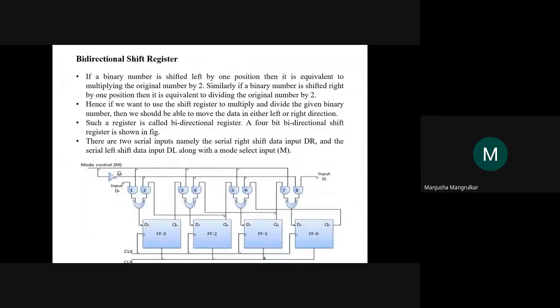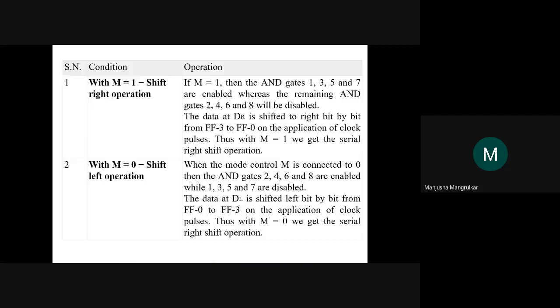Now see, M equal to 1 comes in directly as 1, so 1, 3, 5 and 7 are enabled, right? This means the data is shifted to the right bit by bit, from flip flop F3 to F0 on the application of clock pulse. Thus with M equal to 1, we get the serial right shift operation.